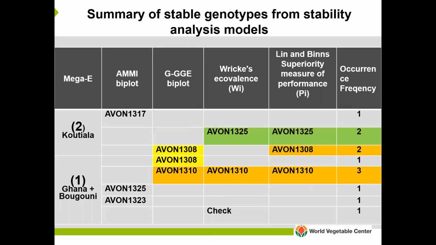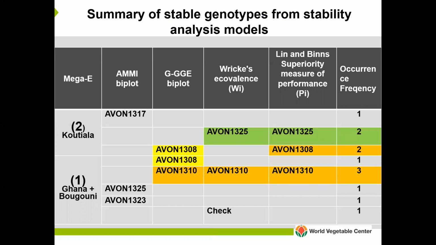This table shows a summary of stable genotypes resulting from different stability analysis models. The frequency of the number of times a model validates a genotype as stable is shown in the last column.